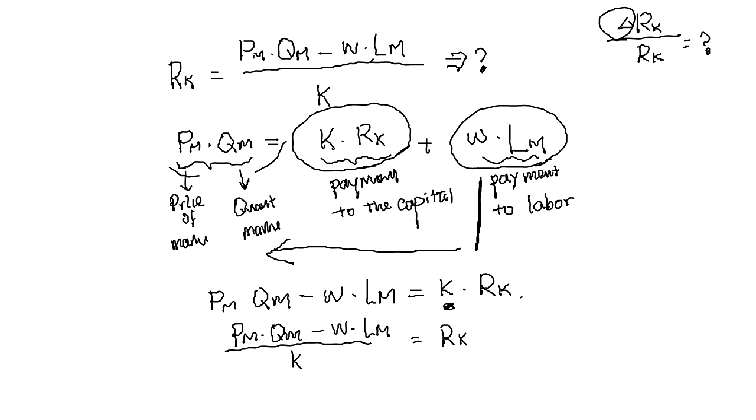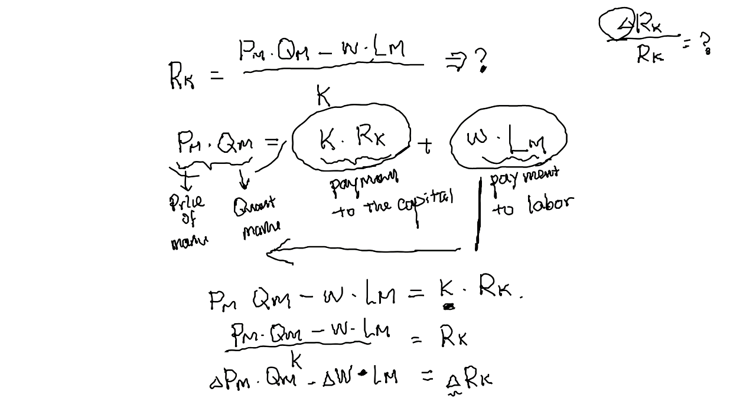Right? So we need to modify our equation a little bit to make everything related to the price change. So this one is related to the price, right? Because rental on the capital is a term of the price. Wage will change as well. And price of the goods will change as well.